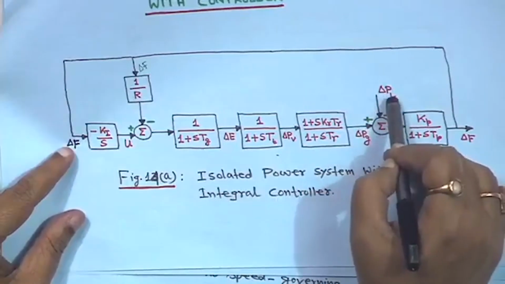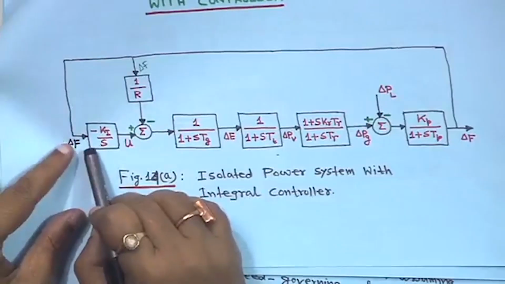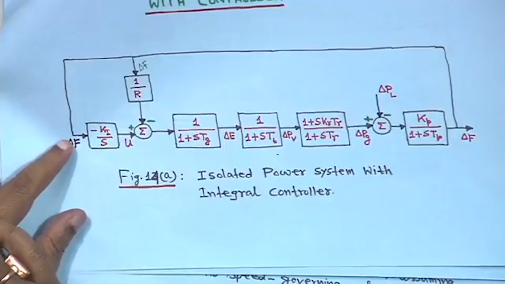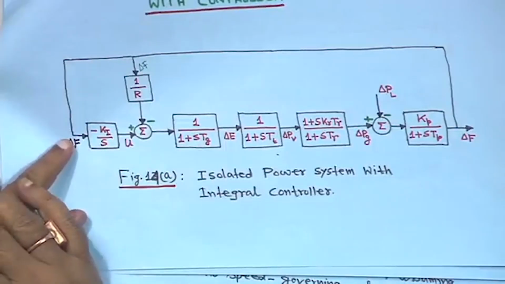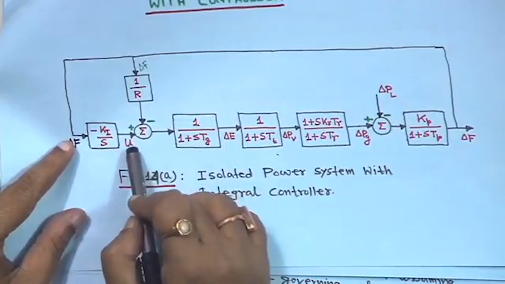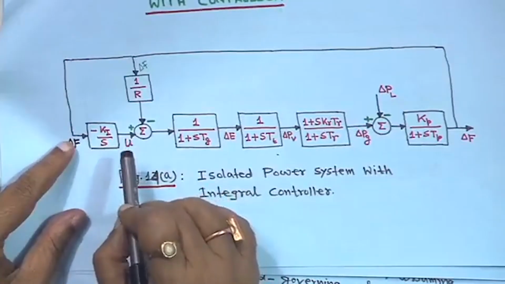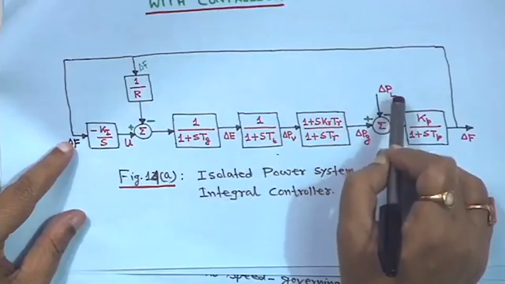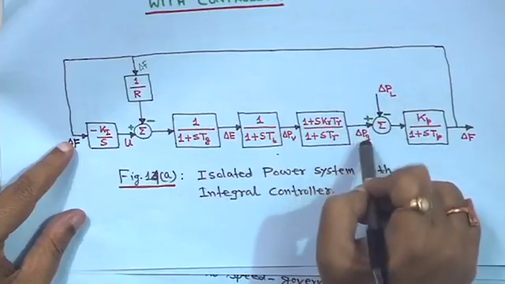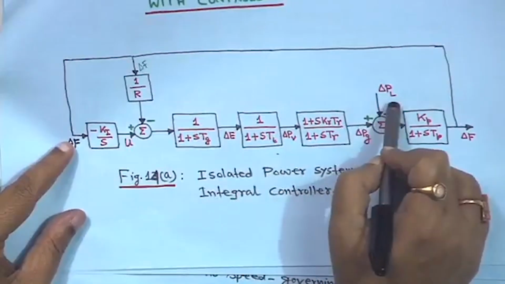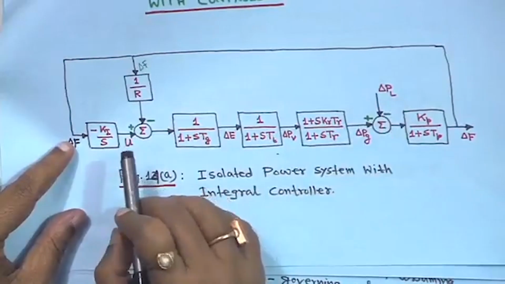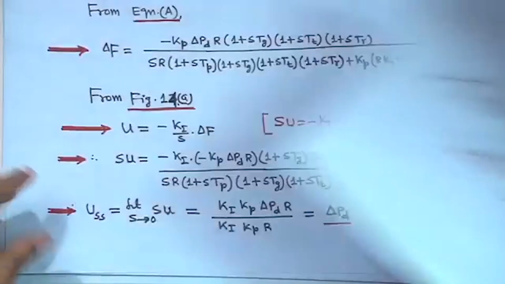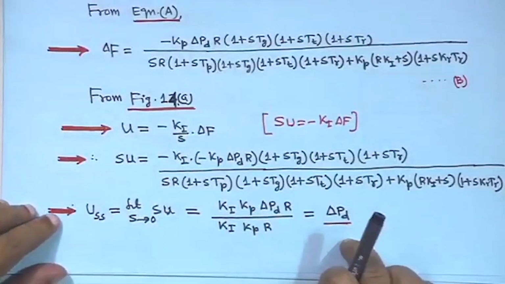If it is a steam turbine, an equivalent amount of steam will go as input to the turbine, such that at steady state, in per unit value, it will match the power generation value, rather the increased load demand value. So whatever power is generated, that delta P g will become delta P L. That is why the steady state value of u we have taken like this.